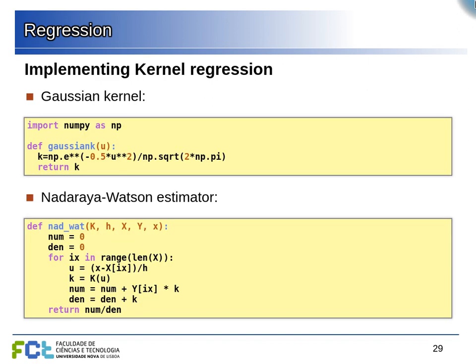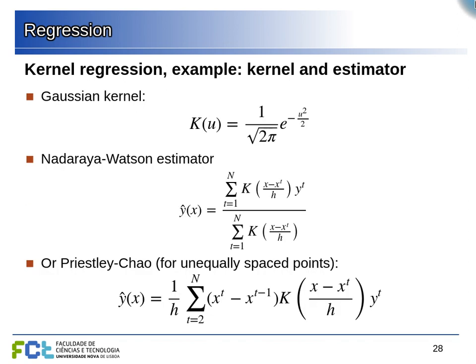So for example, here we have this Gaussian kernel. It simply computes the Gaussian function given an input value u here. So this is the distance, generally the distance between the x coordinates divided by this parameter that allows us to make the kernel broader or narrower.